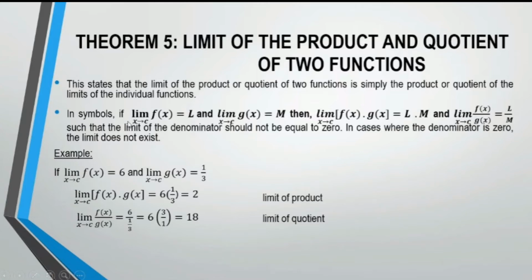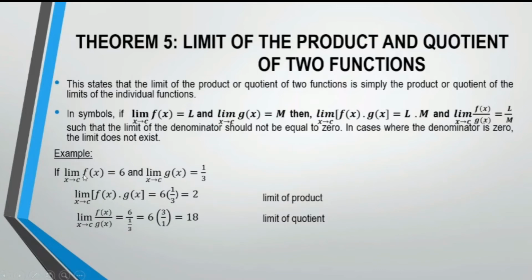In symbols, if limit of f of x is equal to L as x approaches c and limit of g of x is equal to m as x approaches c, then limit of f of x times g of x is equal to L times m, and limit of f of x over g of x is equal to L over m as x approaches c, such that the limit of the denominator should not be equal to 0. In case the denominator is 0, the limit does not exist.